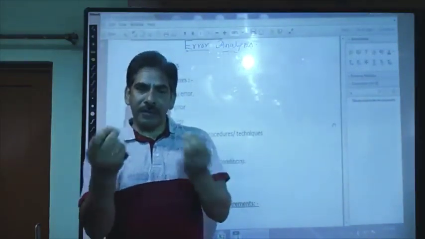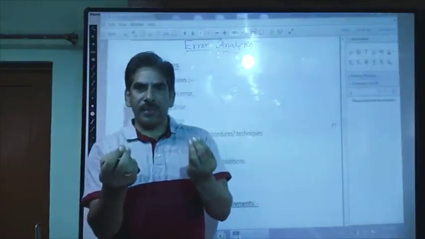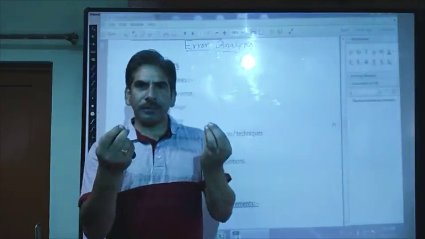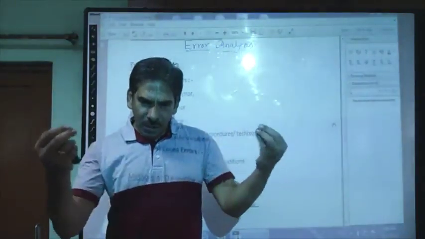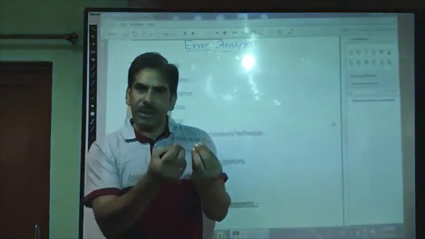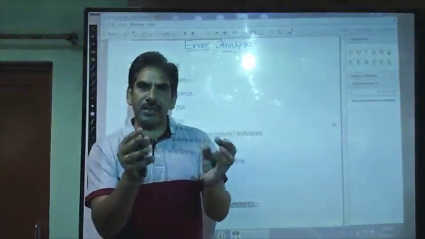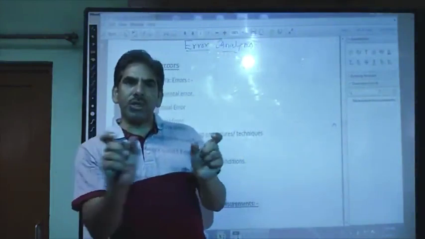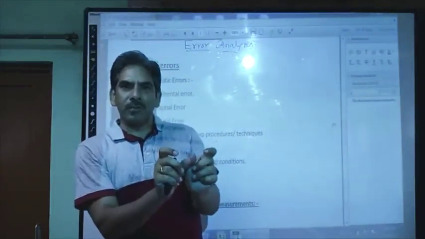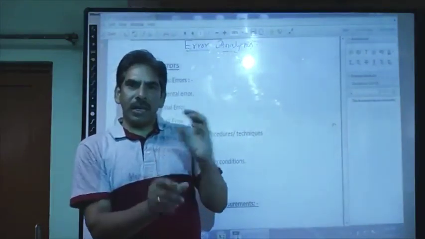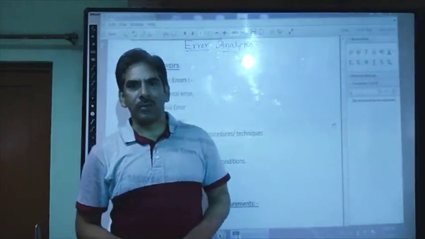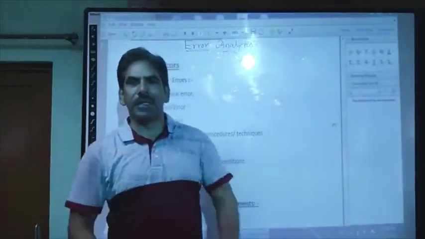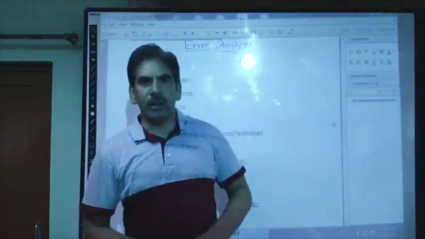So there is some difference between the measured value and the actual value. The closer the measured value is to the actual value, the more accurate the value is. That is called accuracy.